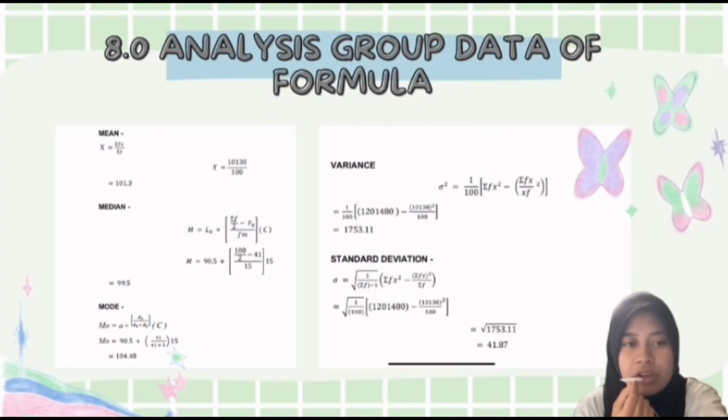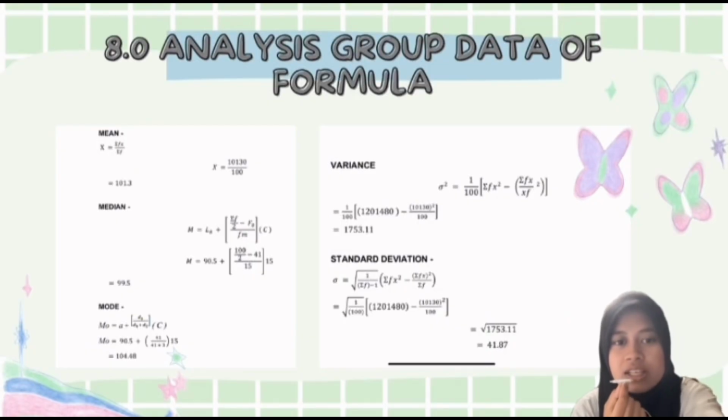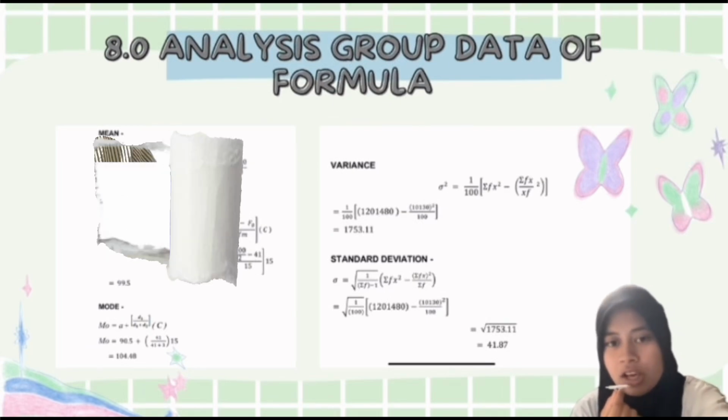The answer we got is the square root of 1 over 100 bracket 1201480 close the bracket minus 10130 over 100, and the answer is the square root of 1753.11, and we calculate, we got the answer 41.87. And that's all for our formulas: mean, median, mode, standard deviation, and lastly don't forget also variance.